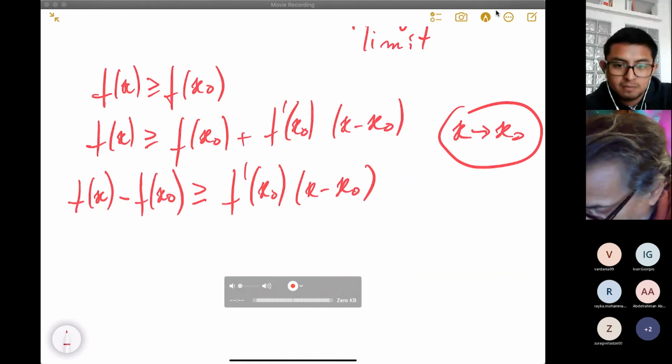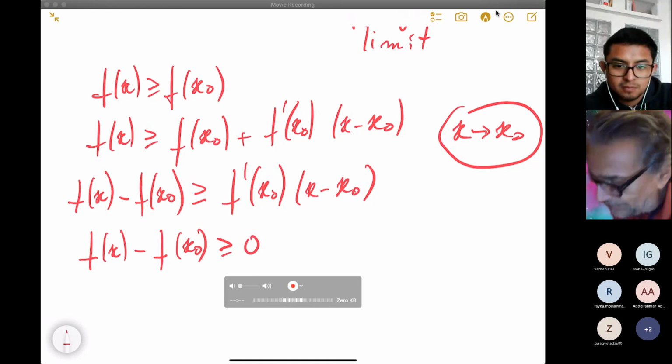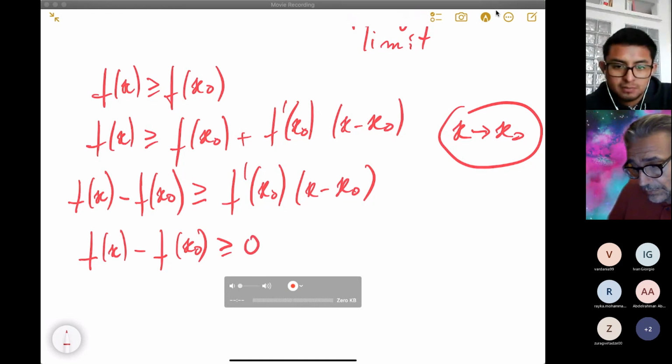So we have that f of x minus f of x0 is greater or equal than 0.